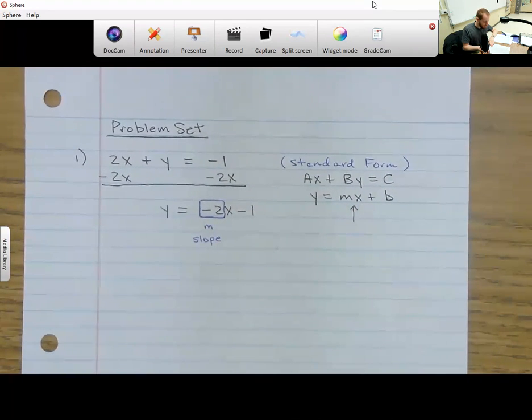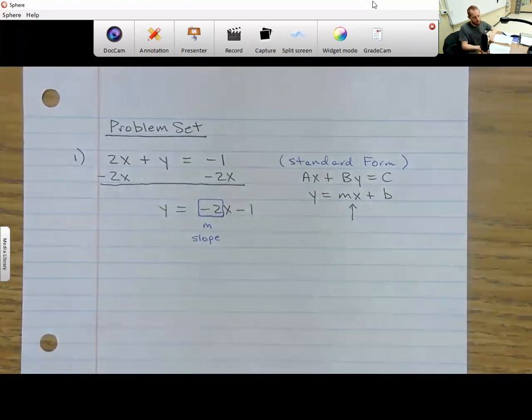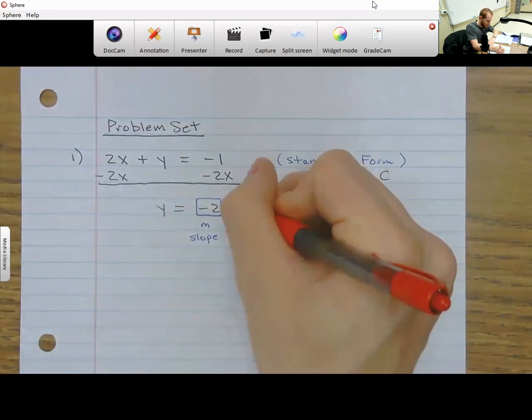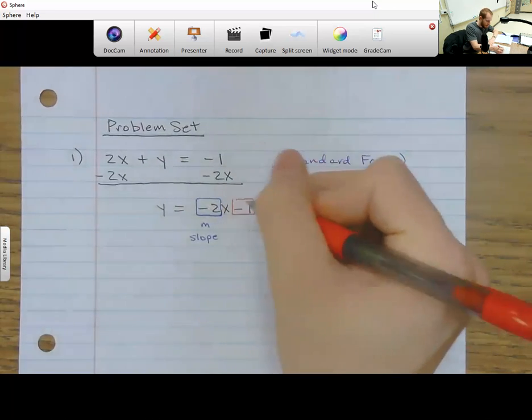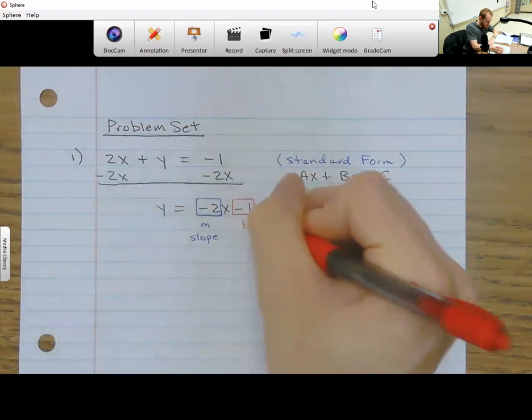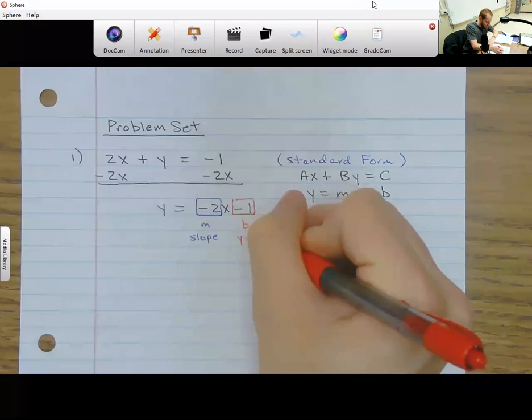Now what I'm going to do is I'm going to identify the y-intercept. That's going to be the number that's not attached to the x. This -1 right here, this is my y-intercept, or b.